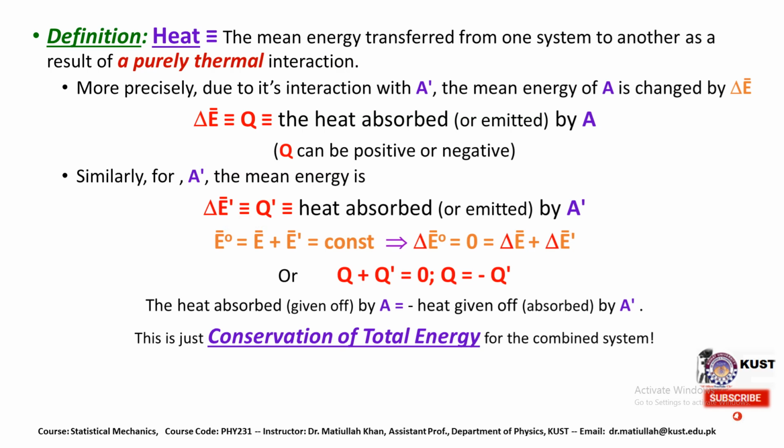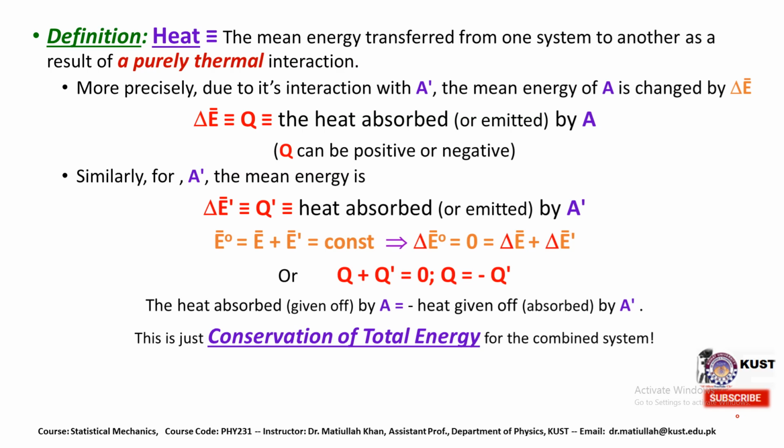So we have E0, that is equal to E plus E dash, that is a constant quantity, and the total energy of that system is a constant quantity. And if we can calculate the heat that is taken out from one system and the other system has absorbed, we can conclude from these equations that the heat absorbed by one system should be equal to the heat given by the other system.